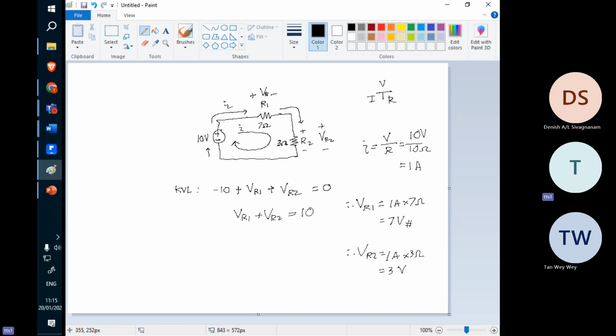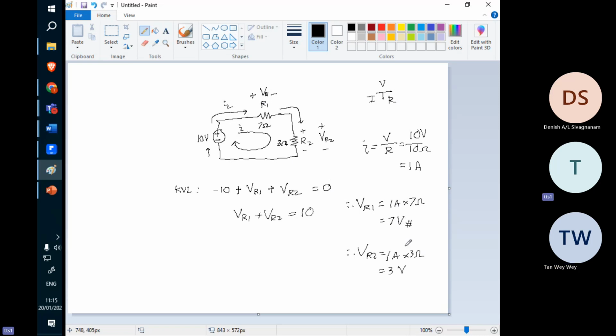Another way to say it is that these two components share the 10 volt. They kind of share among themselves. The 7 ohm one shares more voltage. The 3 ohm shares less. This is what we can observe, right? We can observe that more resistance shares more voltage.